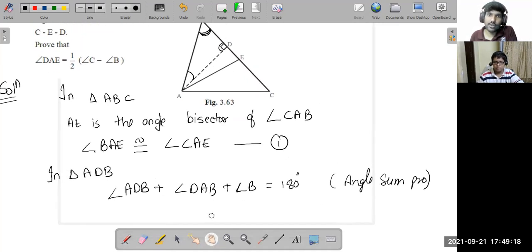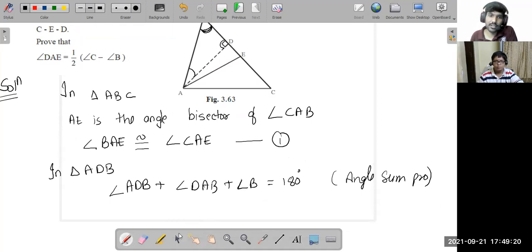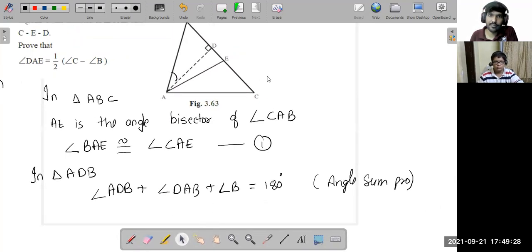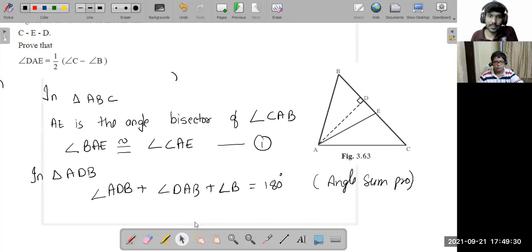Angle ADB we know. How much is ADB? Look at the diagram and tell me how much is ADB. Sorry, sir. What do you mean?